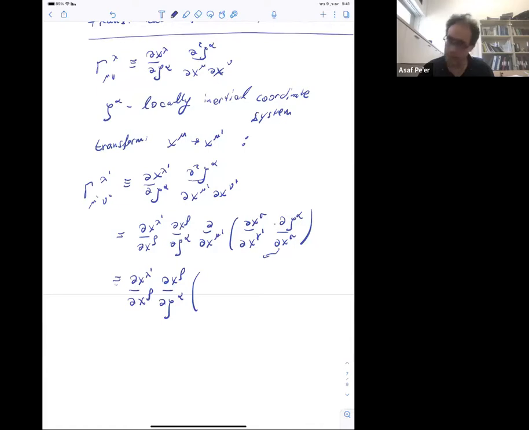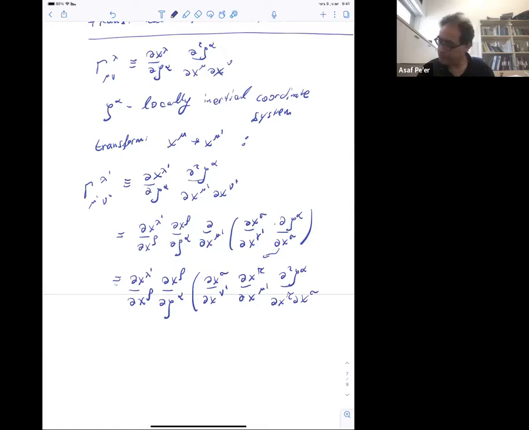So it's dx sigma over dx nu prime, and then I have to take this object, d psi alpha over dx sigma, and take the derivative with respect to x mu prime. I'm not going to take the derivative of psi alpha once with respect to the old coordinate and once with respect to the new coordinate. So rather, I'm going to write it as dx tau over dx mu prime, d squared psi alpha over dx tau dx sigma. Right.